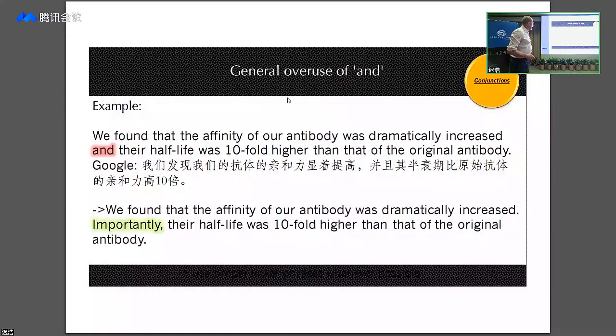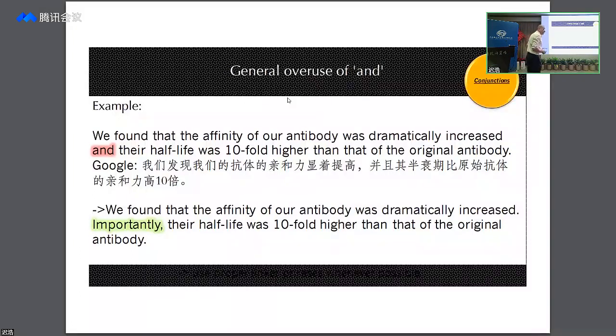And the reason is that in academic writing, many teachers will tell you that you should have one sentence for one thought. More importantly, Annie, very good. More importantly, look, we have one thing that is worth mentioning. We found that the affinity of our antibody increased, but then there's something else. The half-life was tenfold higher.